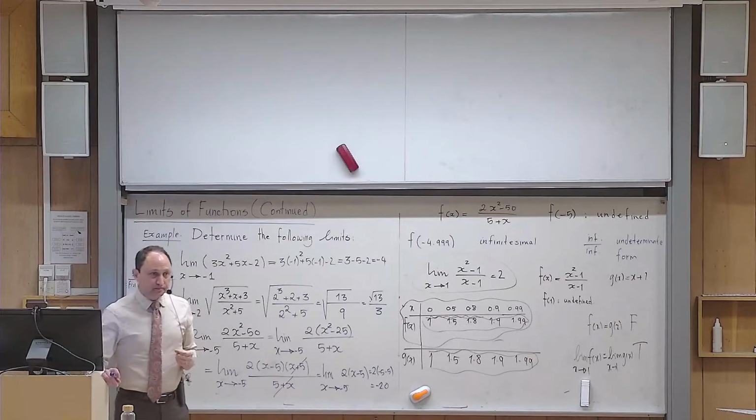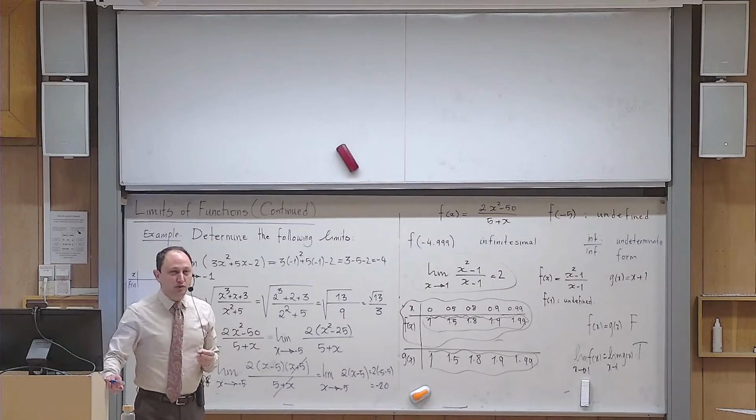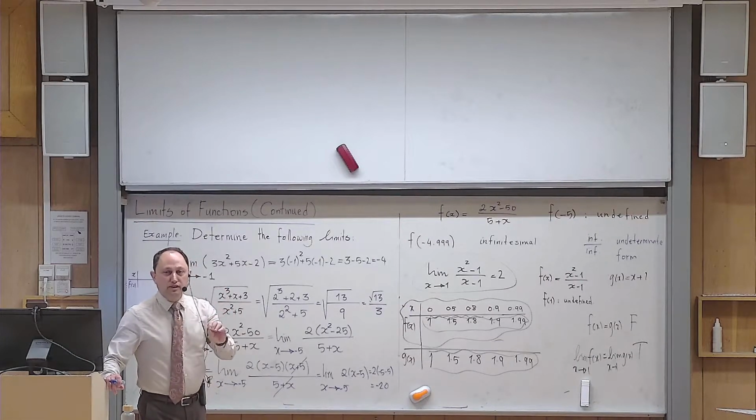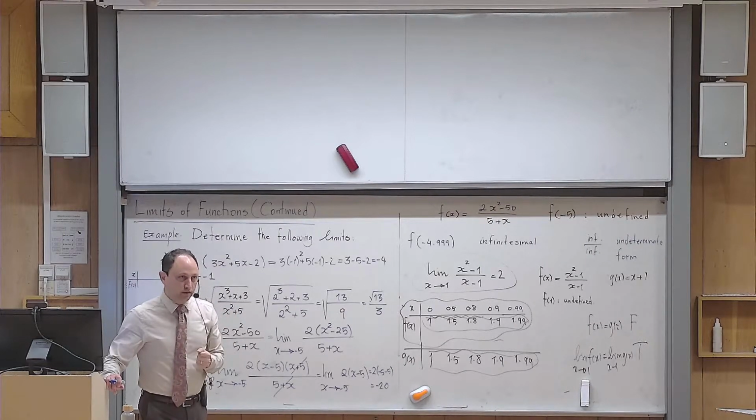Why is this important? Because any number divided by itself is 1. I want you to understand that every number divided by itself, if that number is not 0, is 1.